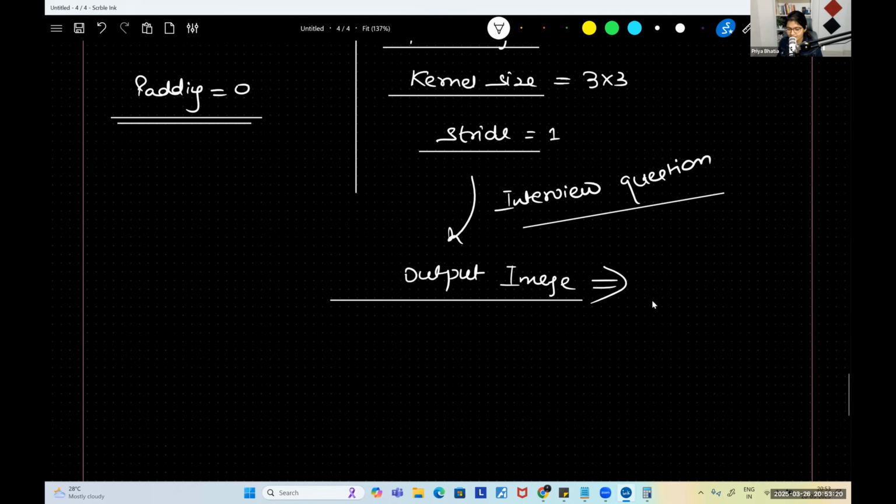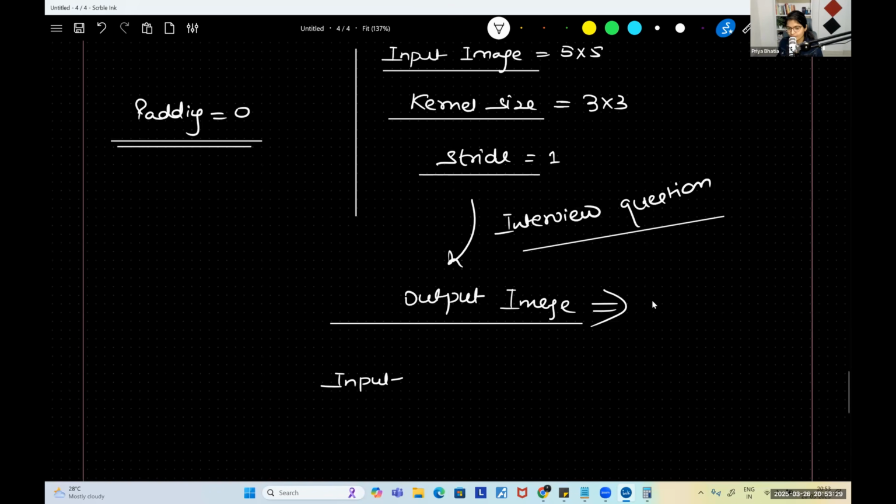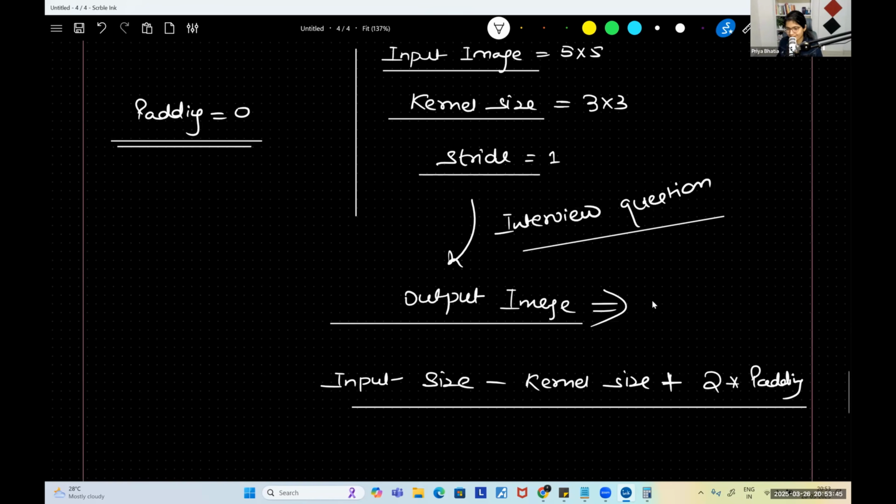The formula says: whatever the input size of the image is, take it as it is, subtract the kernel size, plus 2 times the padding if you have padding available, divided by stride, plus 1.